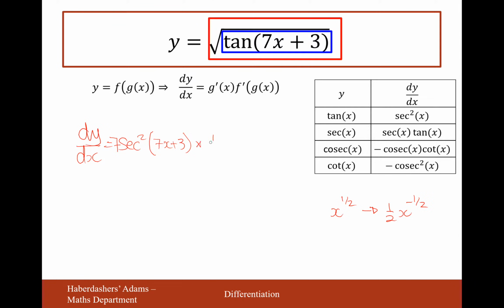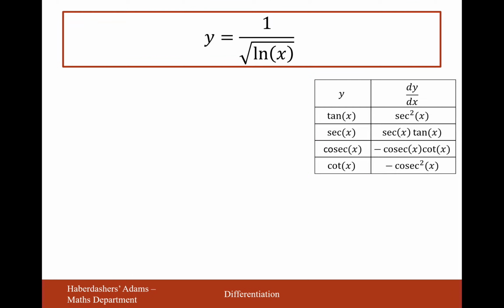So this is going to be multiplied by a half, but not x, it's the inside function, tan 7x plus 3, all to the power of minus a half. So this answer is going to be 7 sec squared 7x plus 3, all over 2 square root tan 7x plus 3. And there we are, that's the answer to this question.